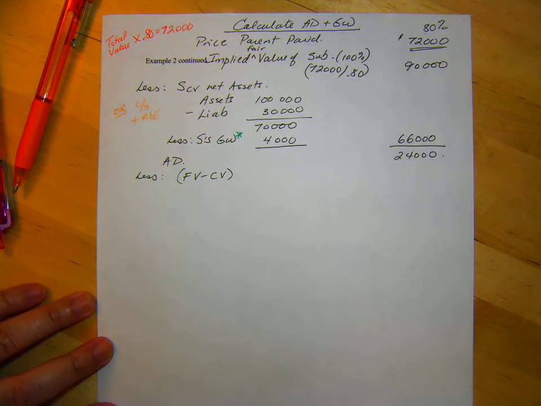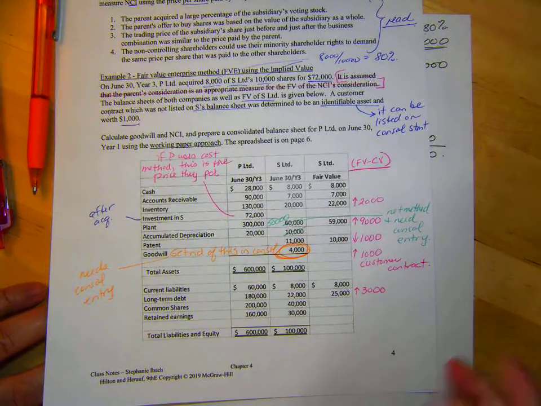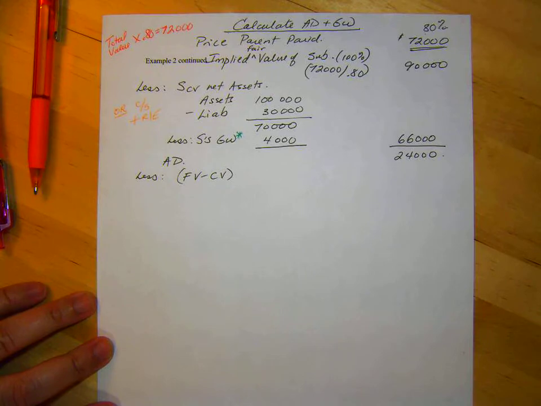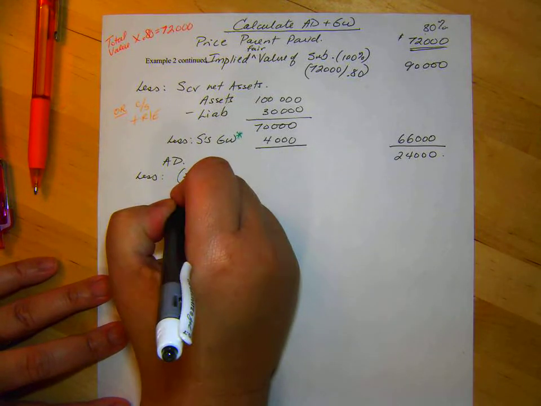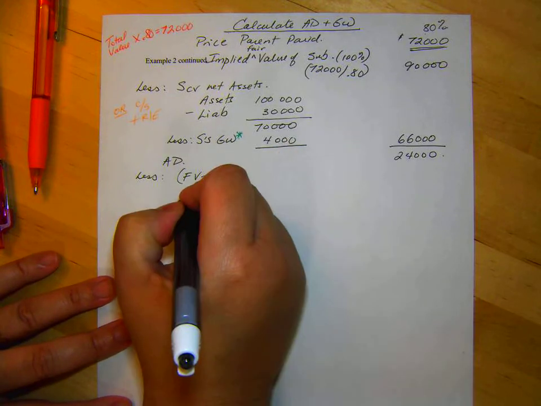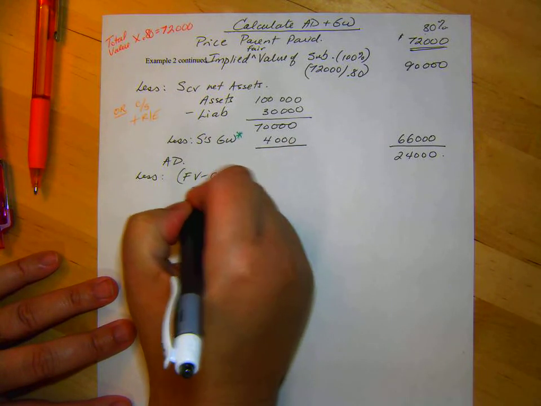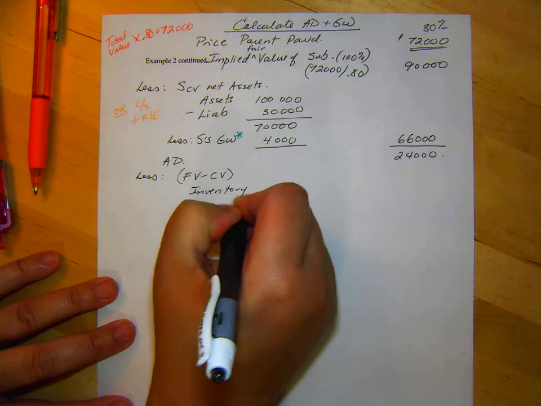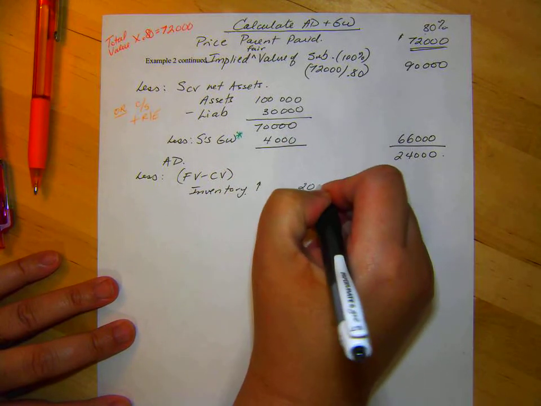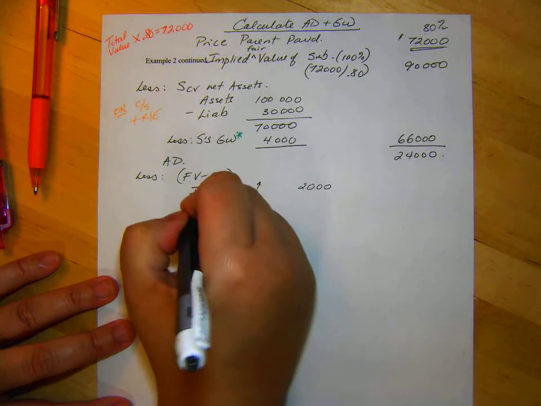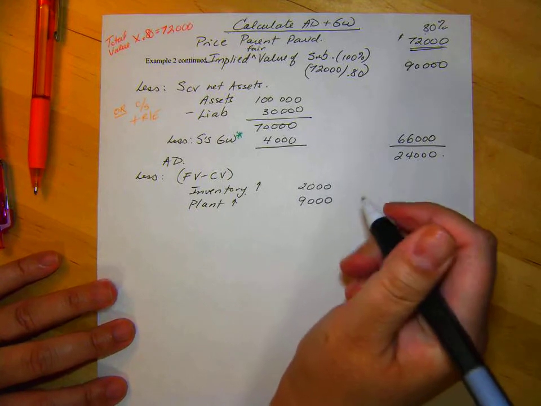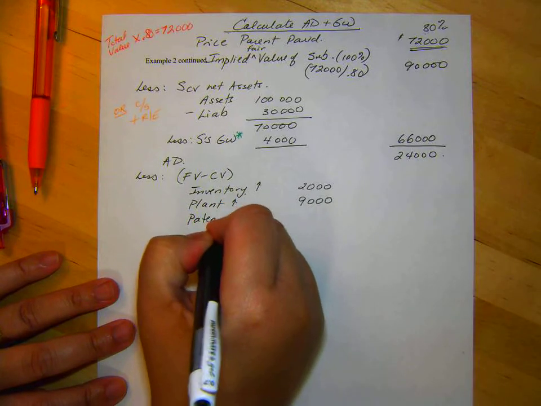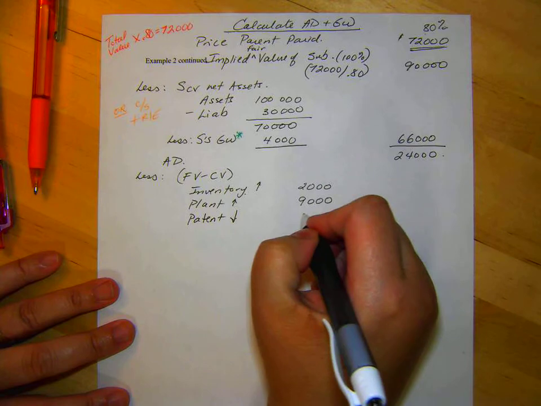So again, looking back at the last page where we did our little FV minus CV, and you don't need to do that, but it's nice to. Inventory went up by 2,000, and I'm just pulling it off there. Plant went up by 9,000. Patent went down by 1,000.